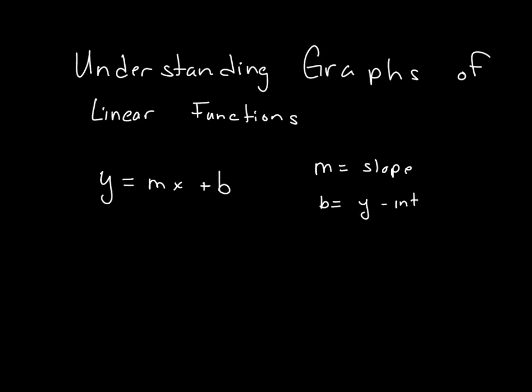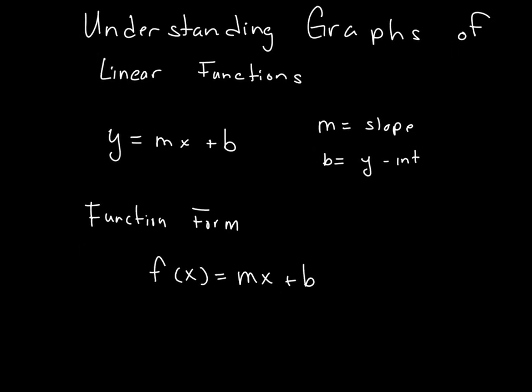The function form means the same thing. It's just now written f of x is equal to mx plus b. Sometimes it's not f, it could be any particular letter.